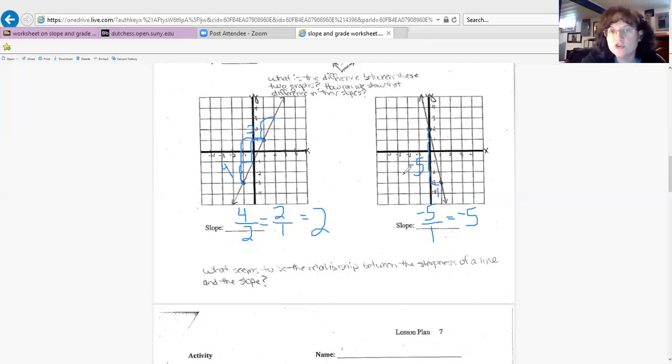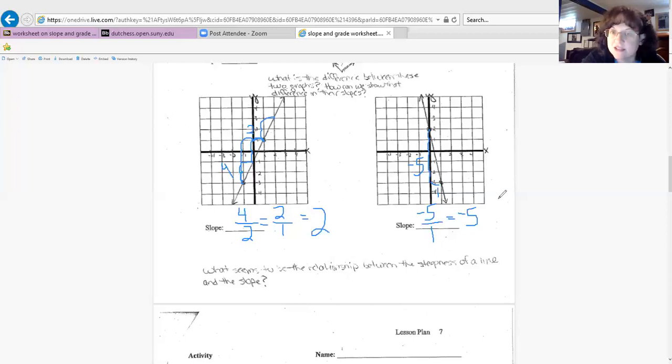But which graph is steeper? This graph is steeper. Okay, I know one is increasing and one is decreasing, but this graph is steeper. So look at the magnitudes of the two slopes. This slope is just a 2. This slope, if you ignore the sign, is a 5.